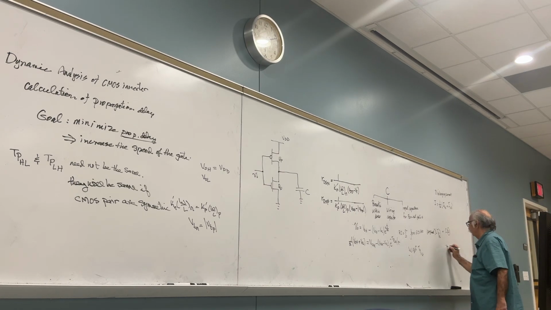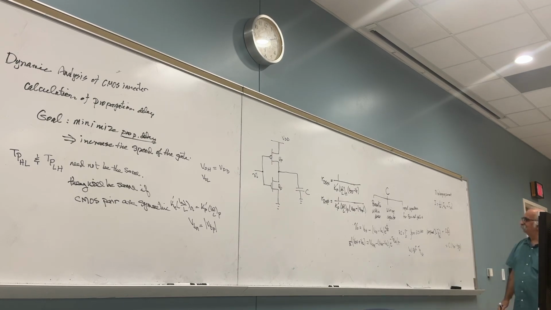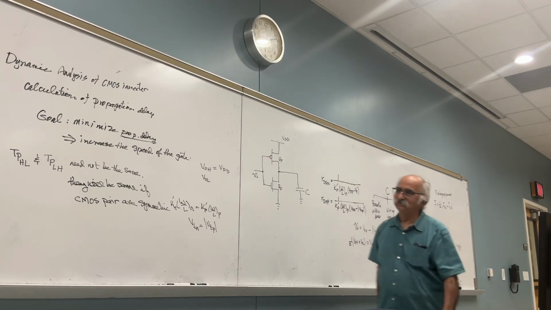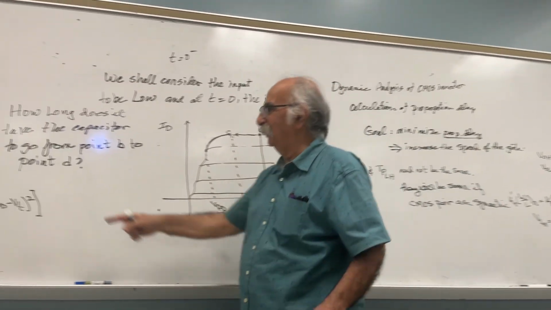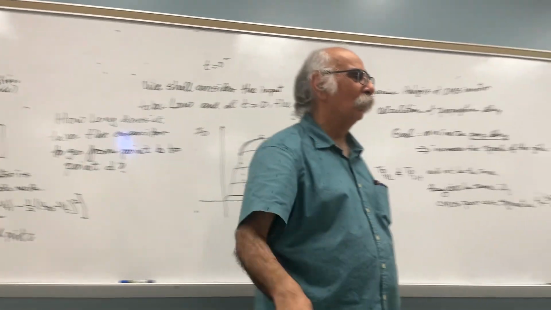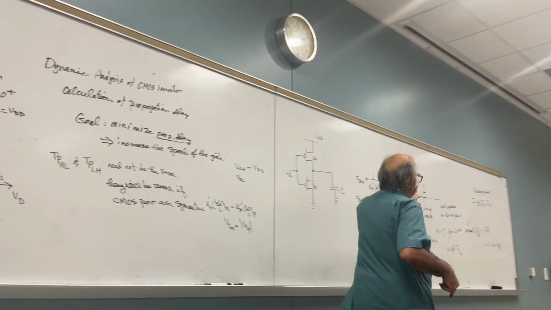So this is C multiplied by the voltage, equal to the average current. What am I going to plug? This plus this, divided by 2. I will plug it there.